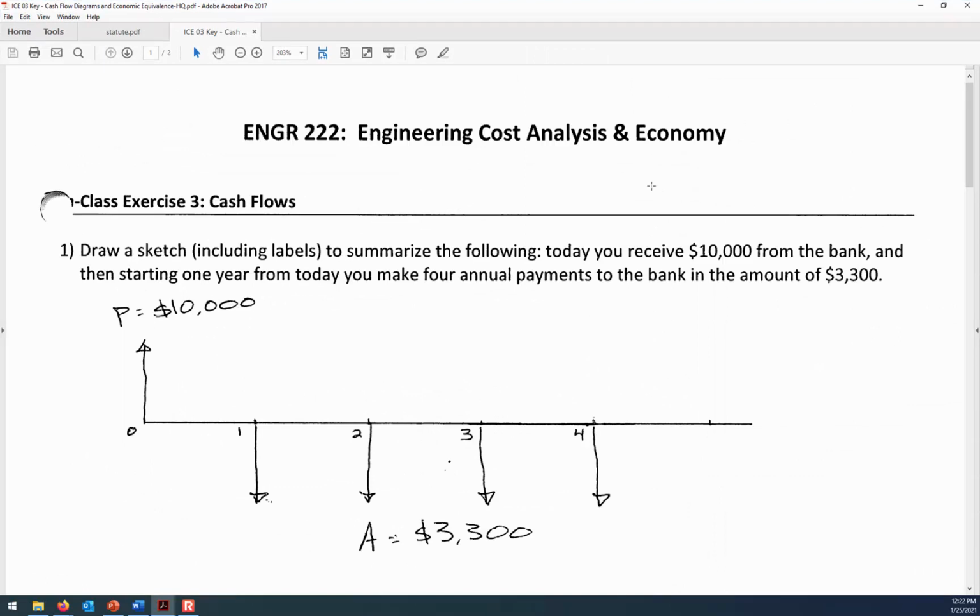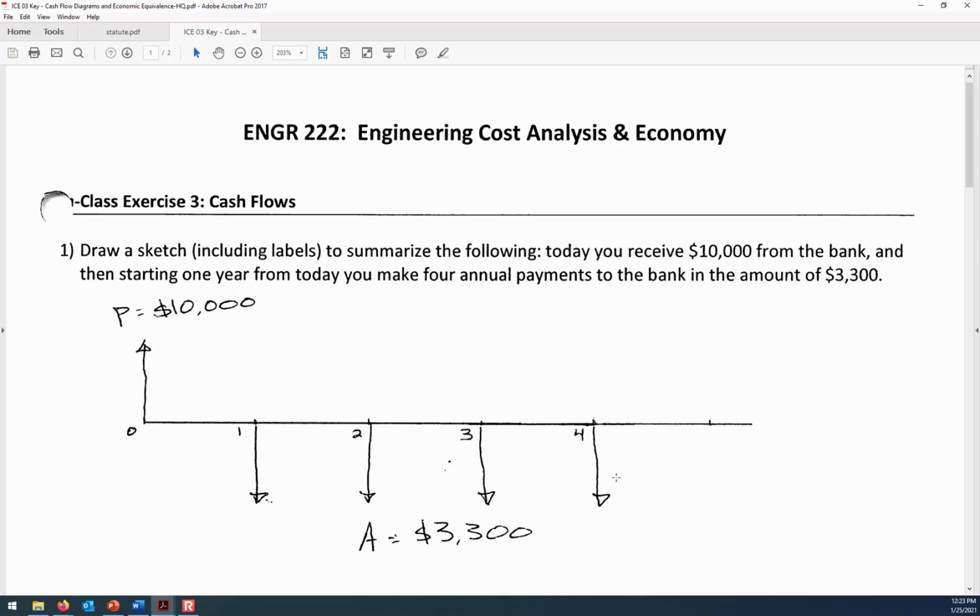And then starting 1 year from today, you make 4 annual payments to the bank in the amount of $3,300. Is that the same as what I have written there? Yeah, $3,300. Okay, so the arrow up means that you get the $10,000 now, and then you have to make 1, 2, 3, 4 payments of $3,300.